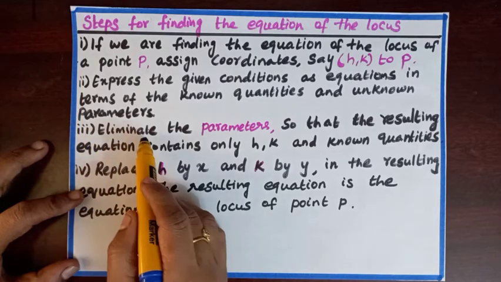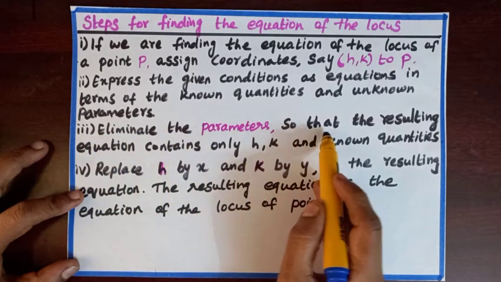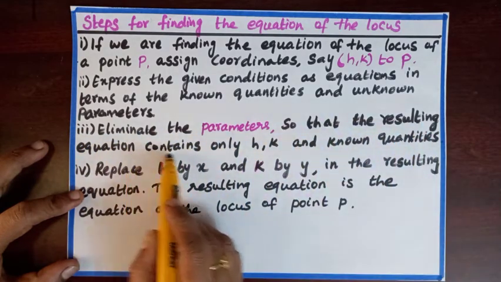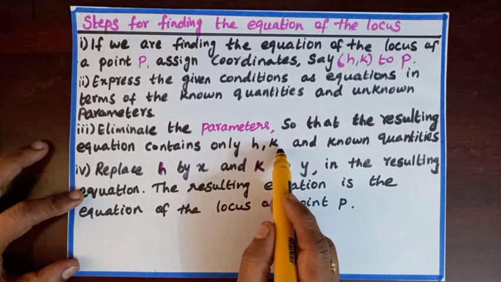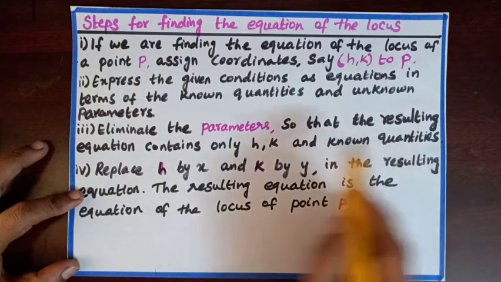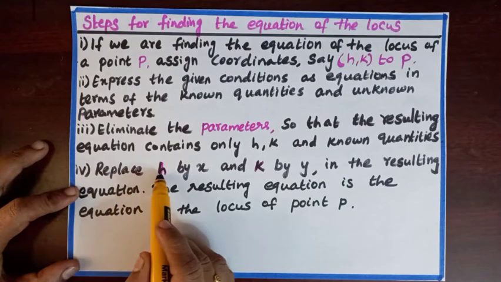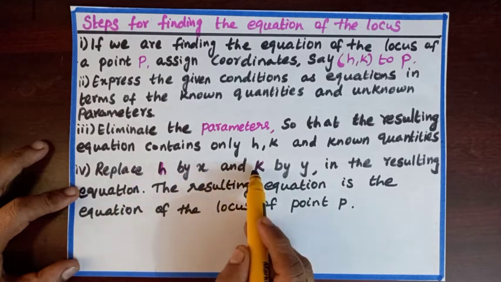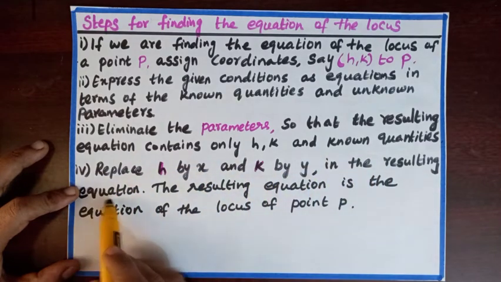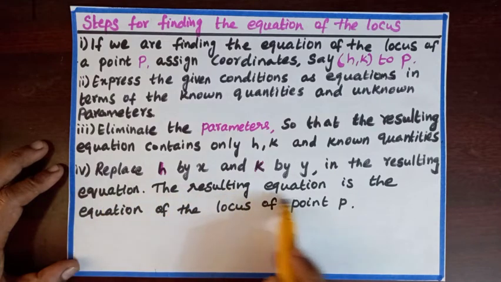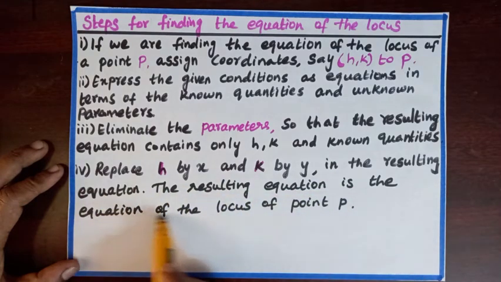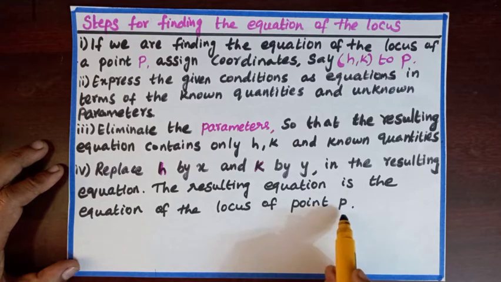Step 3. Eliminate the parameters so that the resulting equation contains only h, k and known quantities. Step 4. Replace h by x and k by y in the resulting equation. The resulting equation is the equation of the locus of point P.